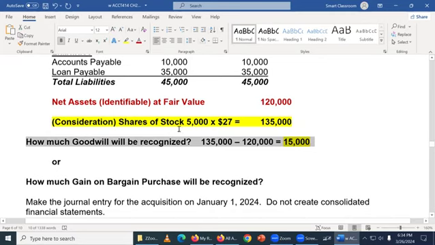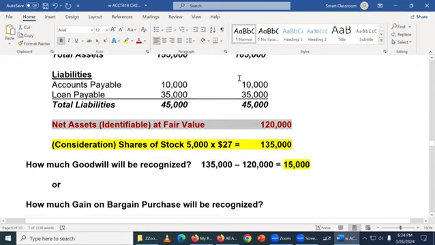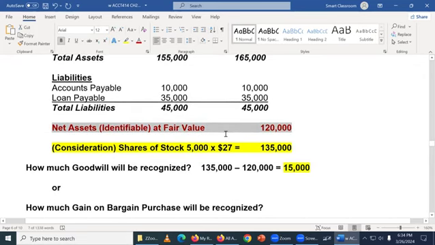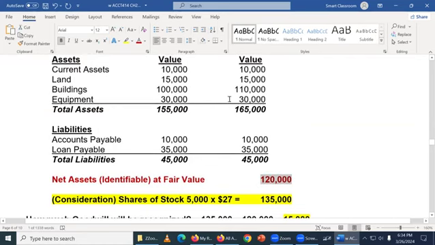The term unidentified is kind of wacky because it's goodwill, it's identified. But I know what they're talking about, that you can actually put a value on the ones that are on the books, and anything above that is going to be goodwill. So we identified 120 of assets that they have on their books.